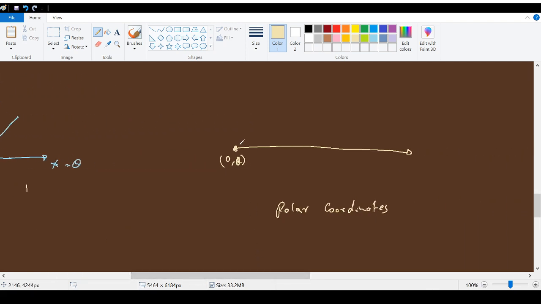That means when theta equals 0, this angle is 0, which means this line, because we are measuring the angles with respect to this line, right? So when theta equals 0, r should be equal to 1. So we are starting at this point.